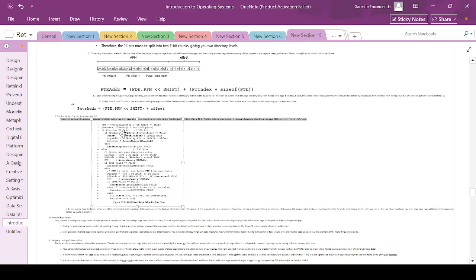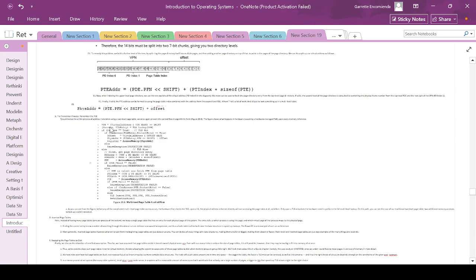To summarize the entire process of translation using a two-level page table, we once again present the control flow in algorithmic form, figure 20.6. The figure shows what happens in hardware, assuming a hardware-managed TLB, upon every memory reference.